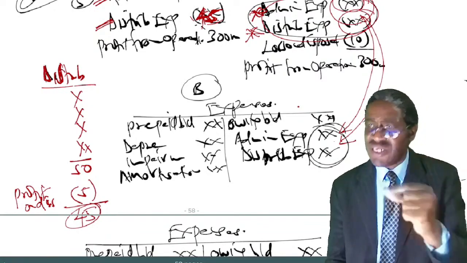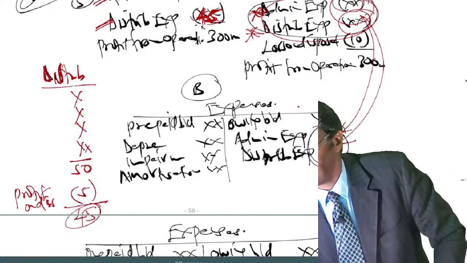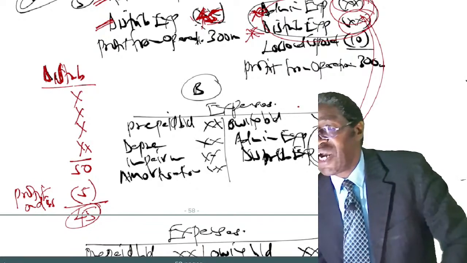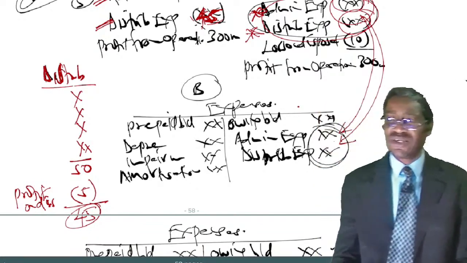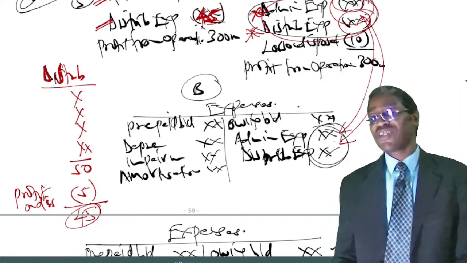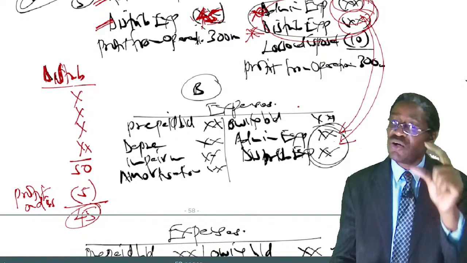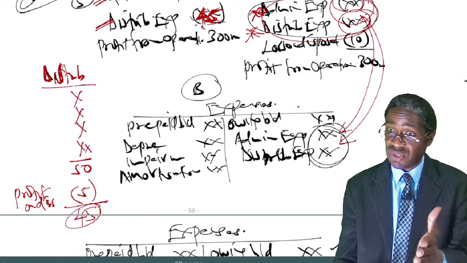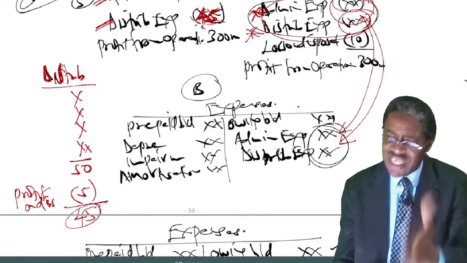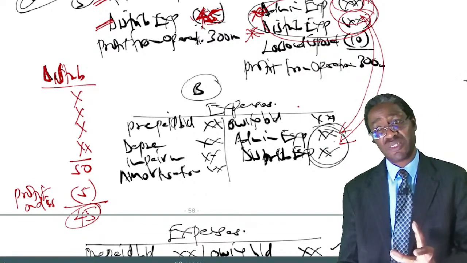Somebody has even given us that information: maybe a net of the gain included in the distribution. Correct, Florence? That's correct. You conclude that the gain on disposal, because it relates to distribution, must have been netted against the distribution expenses.